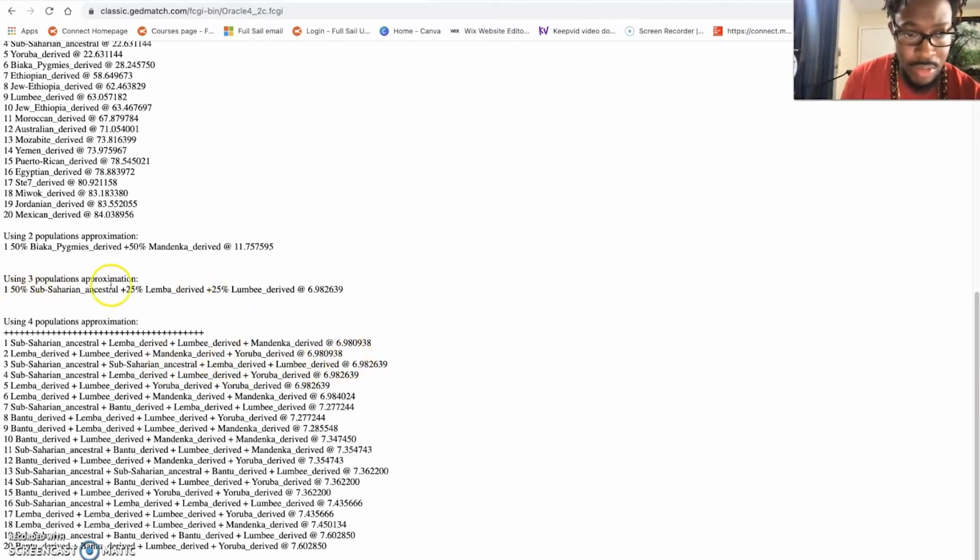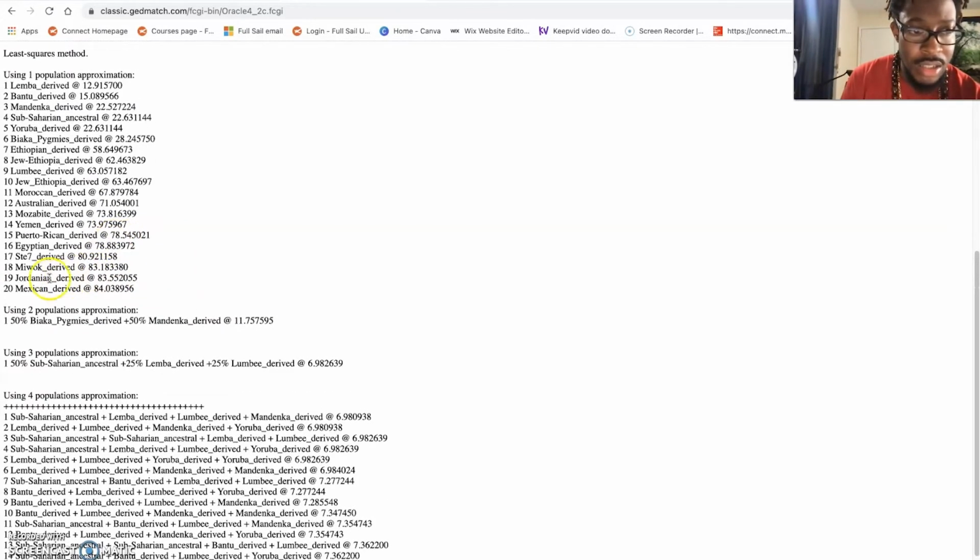So even around the 3rd population, Limba is still there. Sub-Sahara, the Pygmies on the 2 population. Mandinka is still there. Now this Lumbee, oh here you go, Lumbee.